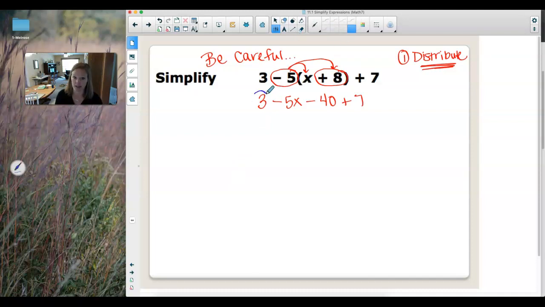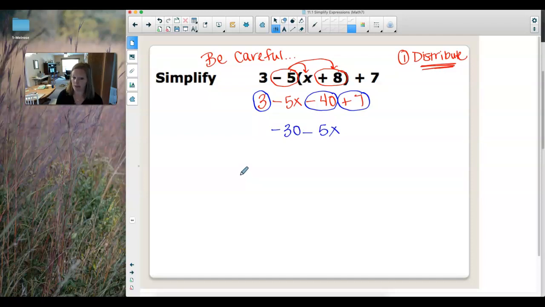We have 3, a negative 40, and a positive 7. Well, 3 minus 40 is negative 37. Plus 7 is negative 30. So we have negative 30 minus 5x.